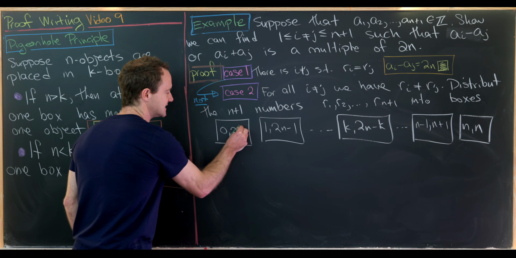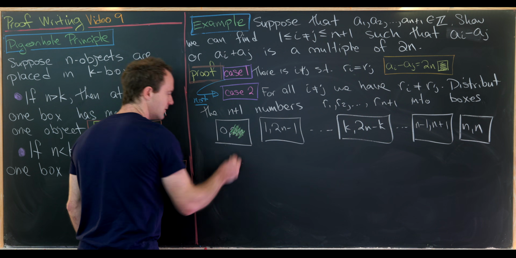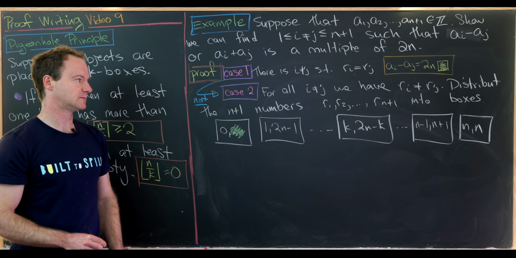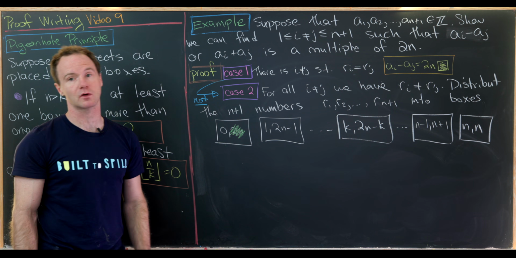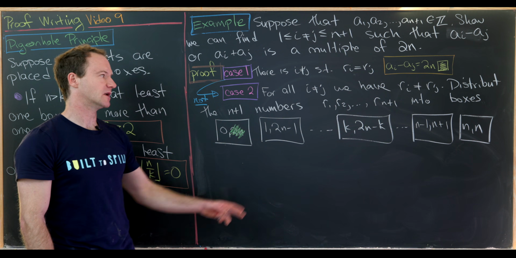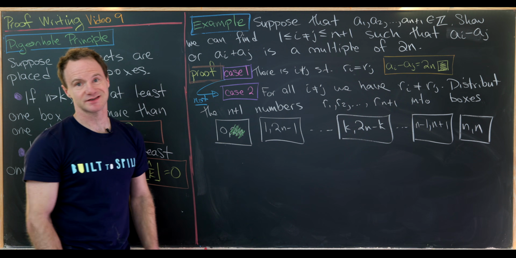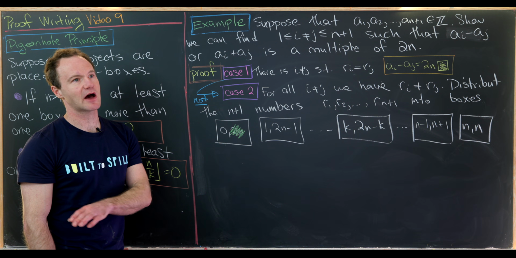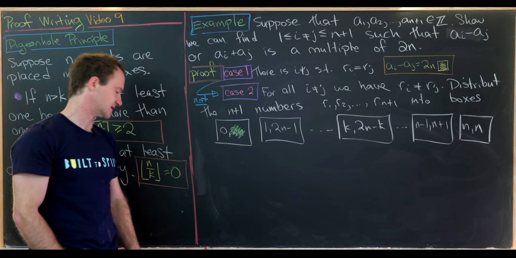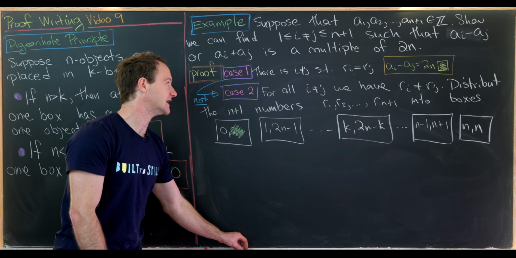So that means this is an impossibility. But that's actually not a huge deal. What is a huge deal is that we have n plus 1 total boxes at the moment. But we've got n plus 1 objects, so that doesn't help us out at all. So what we'd like to do is somehow throw away one of those boxes. And indeed we can.